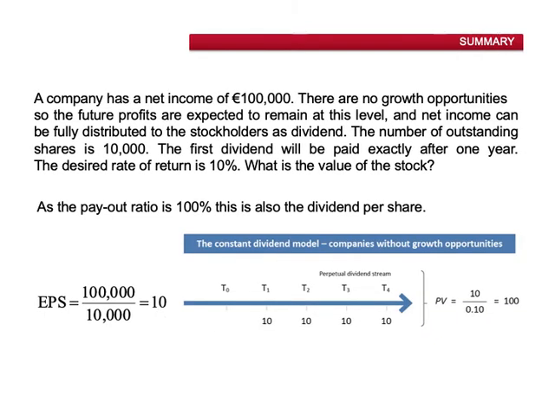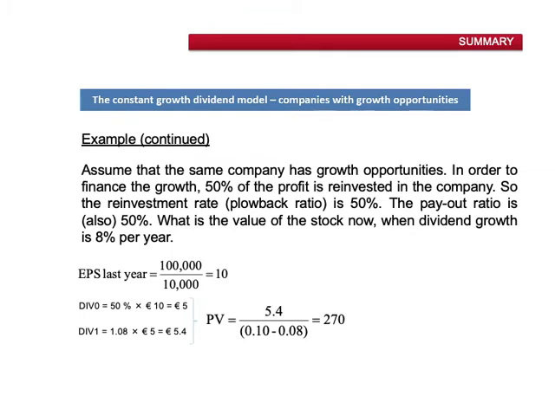Now, when investors have the same beliefs about the dividend payment in the future, which means that they all expect that the size of dividends is going to be 10 euro until infinity, and the cost of equity is 10%, then the stock is trading for a price of 100 euro per share. Let's look at another example.